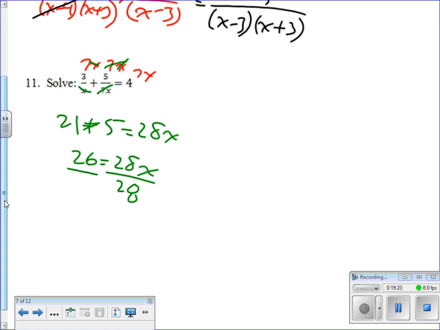Divide by 28. x equals 13 14ths, because you always reduce. So you get a fraction as your final answer, but it's not like you're adding or subtracting them, right? First step, get rid of the fractions.